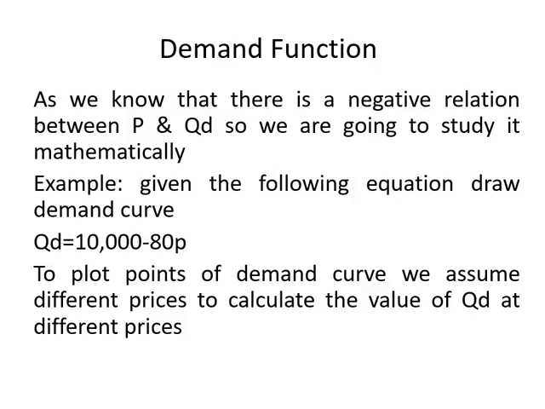To plot points of demand curve, we assume different prices to calculate the value of QD at different prices. So, as I said here, we are going to assume numerical examples for P and then substitute in this demand equation, and we will get the value of QD. Let's start.